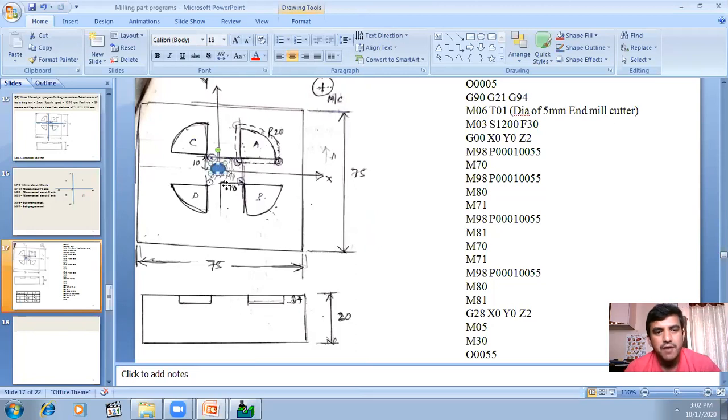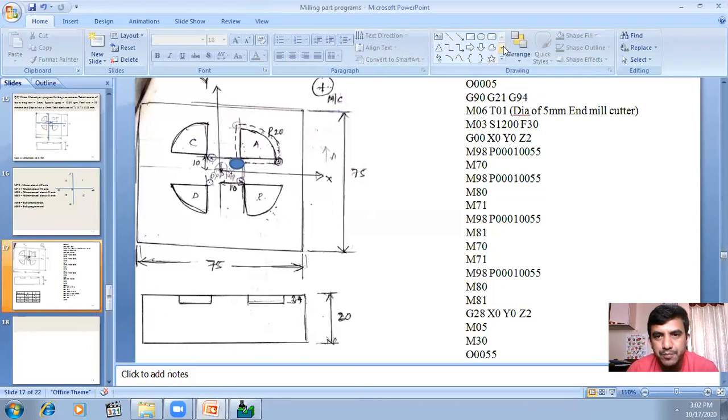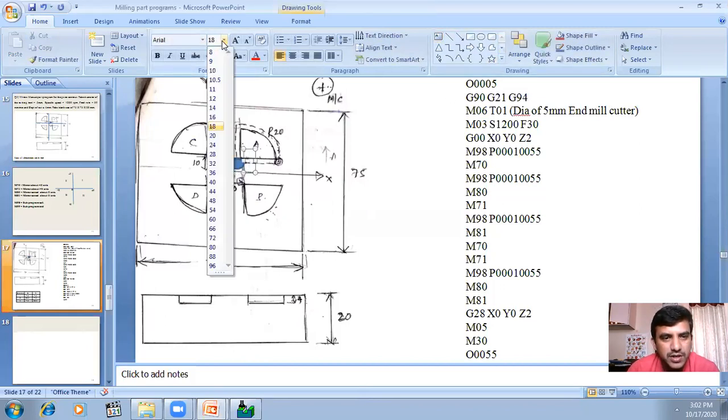Okay, after that, move this tool to where? First I will write the program for the first quadrant. Now move the tool to where? Move the tool to the first location here. Take this as the first location, location number 1.